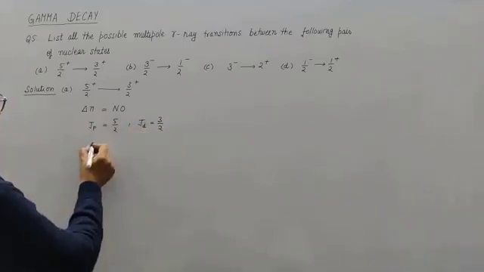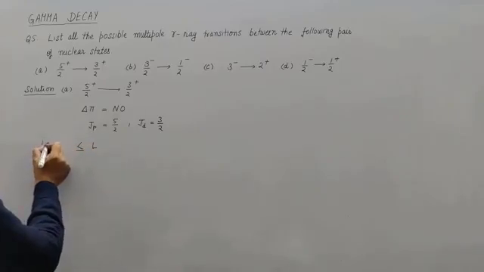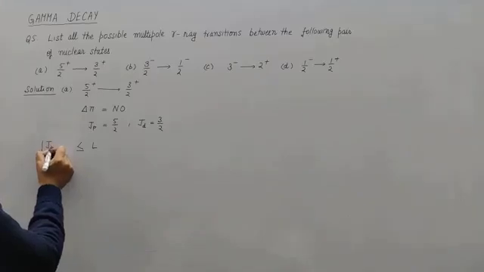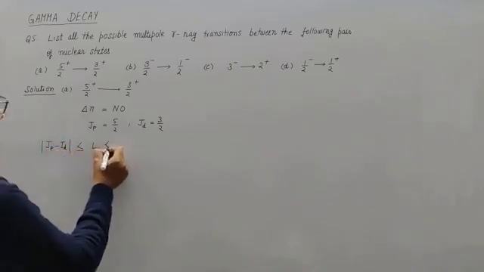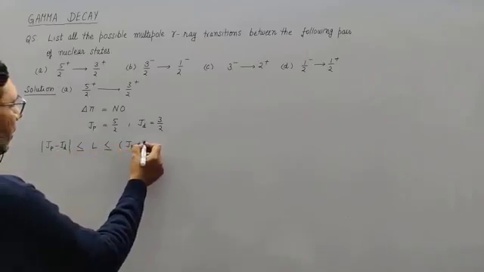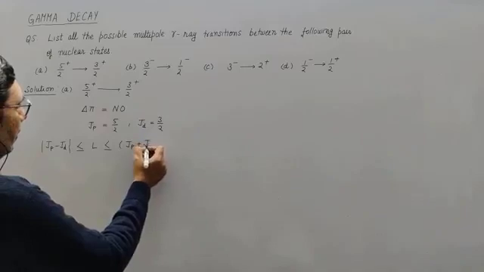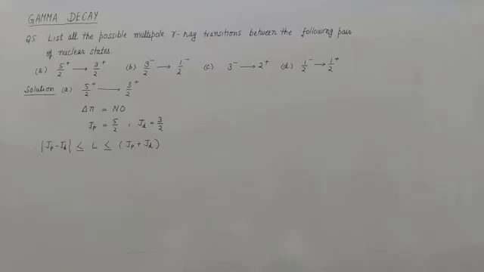The allowed values of L lie between Jp minus Jd and Jp plus Jd. This is the formula for the allowed values of L, and from it one can calculate them.